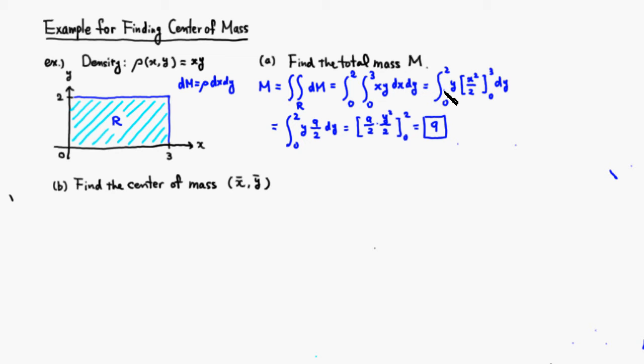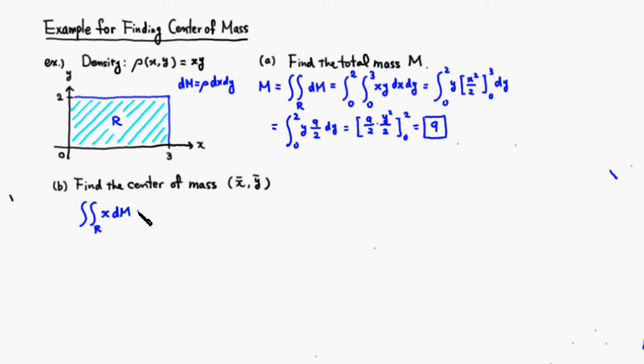So let's look at part B. Now we want to find the center of mass, so x bar and y bar. First we want to integrate over the same region R, x dm, the mass element.